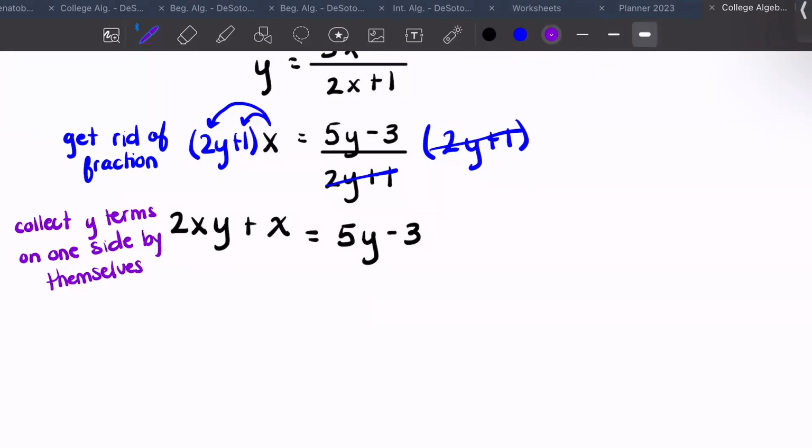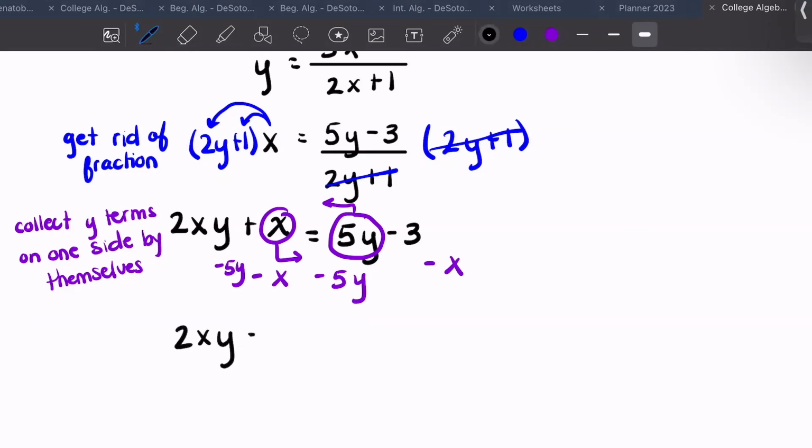So what needs to happen is this needs to come over here and this needs to go over there. So you'll subtract x from both sides and you'll subtract 5y from both sides. So you get 2xy minus 5y equals -3 minus x.